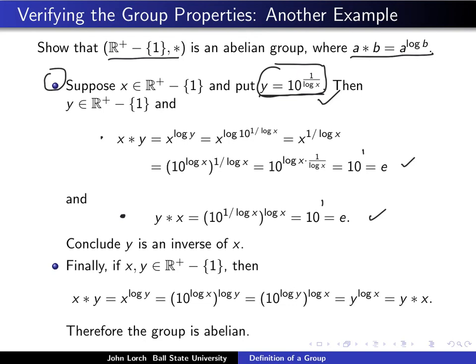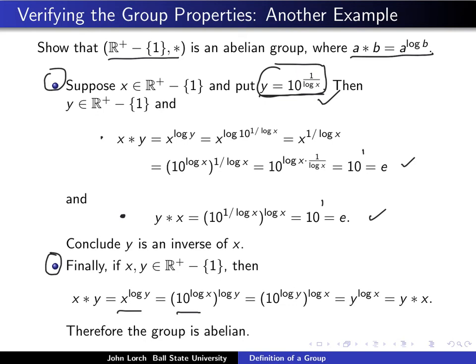Okay, and now finally, let's check that the operation is commutative. So if we take two elements x and y in our set, we multiply them together, which we recall means that we take x to the log y. x can be written as 10 to the log x by properties of logarithms.